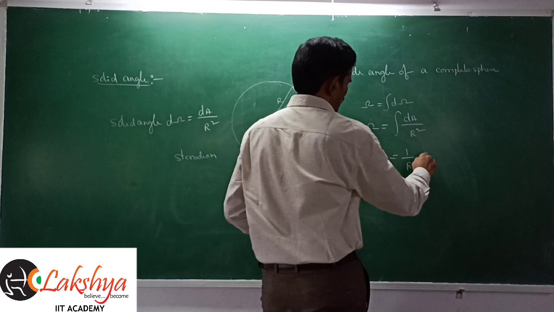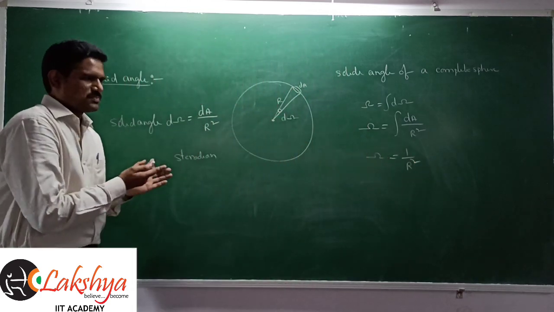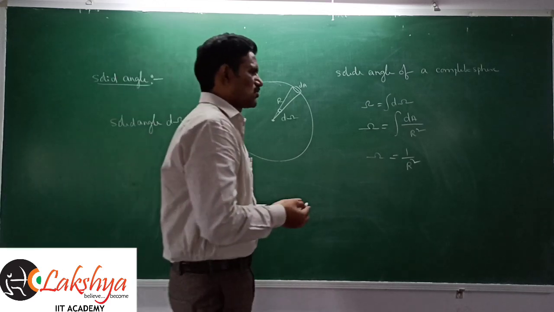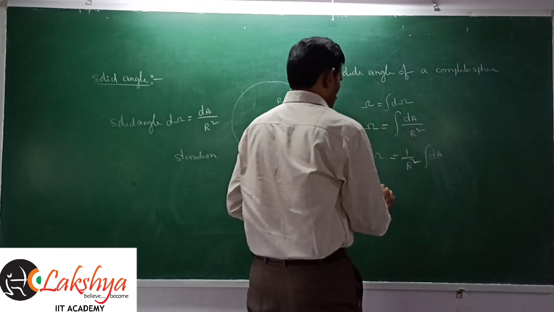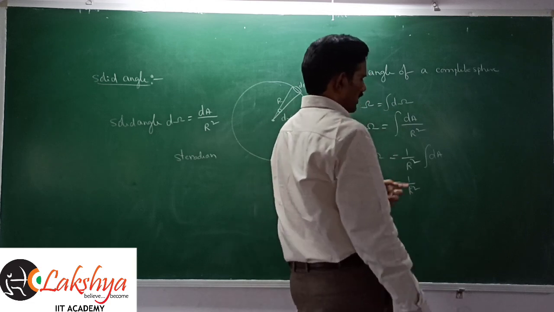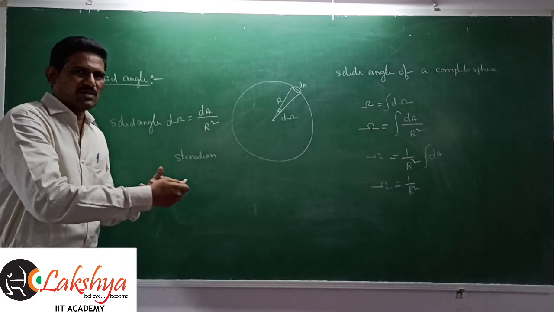Now here I can write 1 by r square. For example, I am taking this as a sphere. For a sphere, r is a constant value, so I am writing that as r square outside, and dA here, right? Then omega is equal to 1 by r square into the integral of dA, which means we need to add such small elemental areas of the sphere.